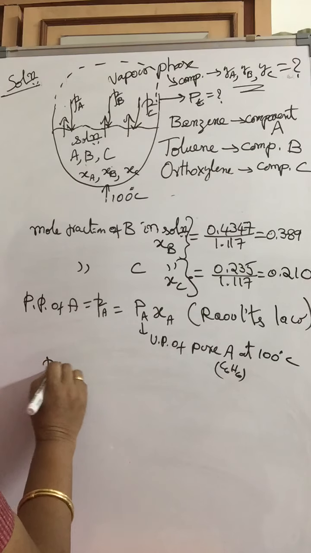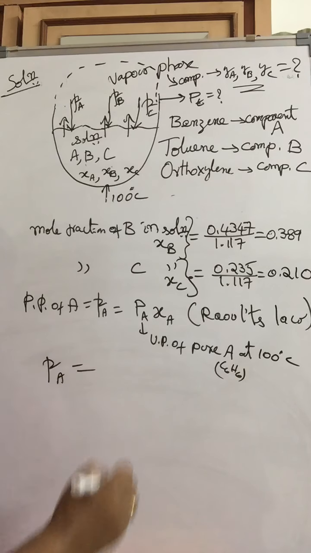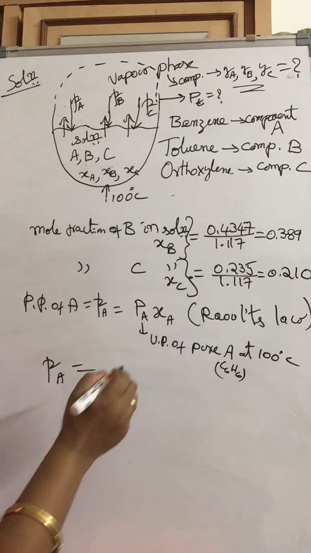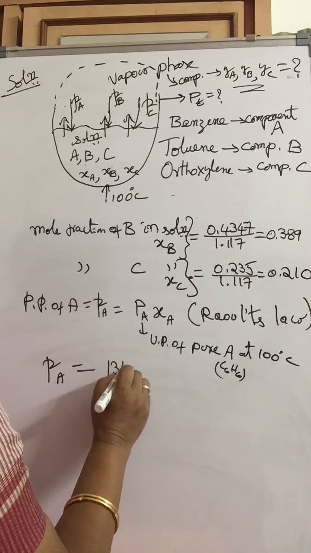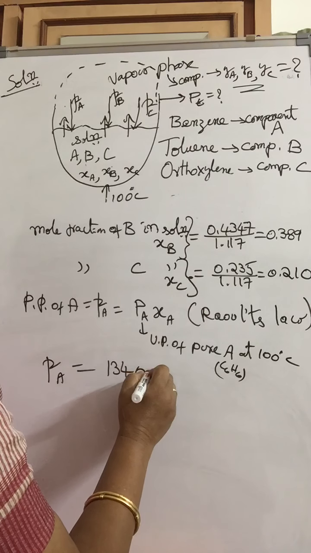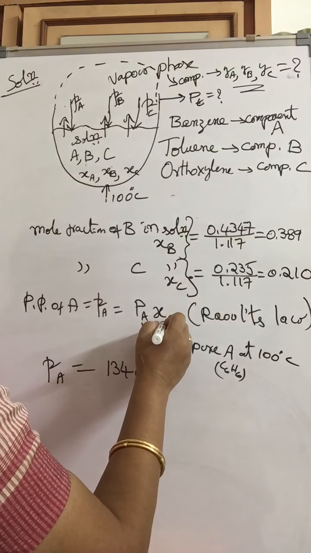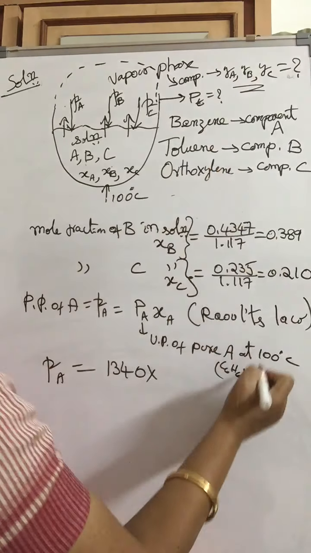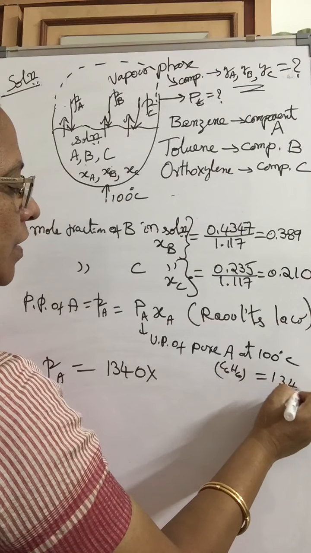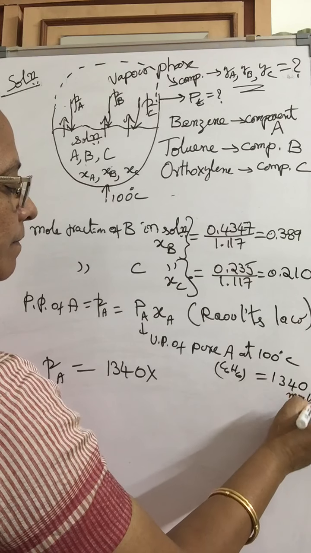So PA° is 1340 mmHg, and PA is 1340 into XA.